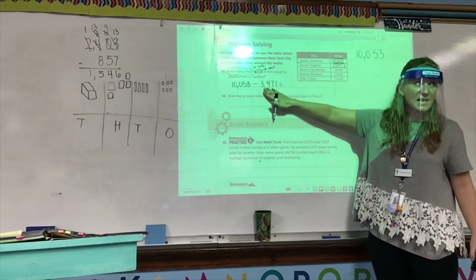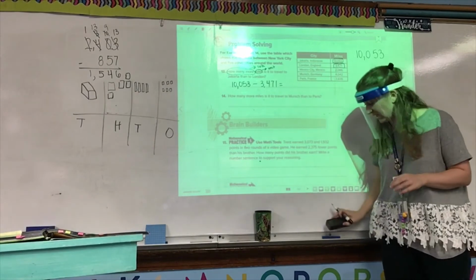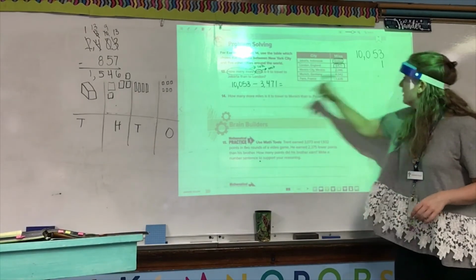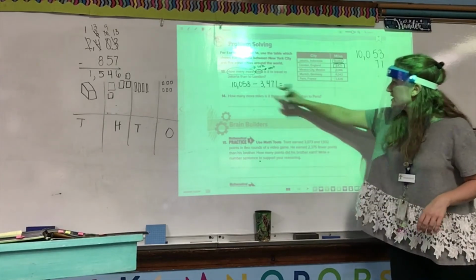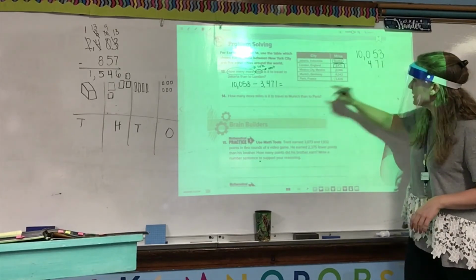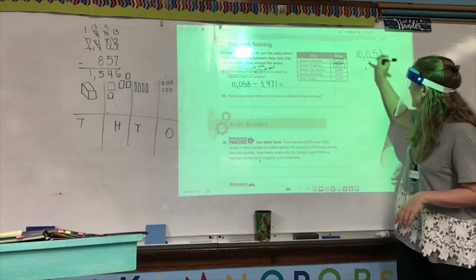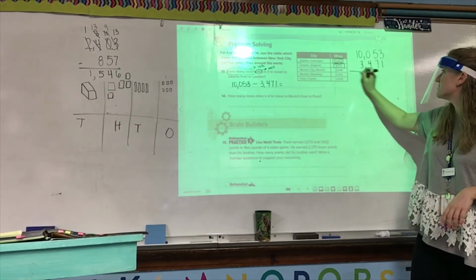Now I'm going to write my second number backwards so I can make sure that I line up the places. I'm going to line up the 1 with the ones place, the 7 with the tens place, the 4 with the hundreds place, my comma with the comma, and my 3 with the thousands.